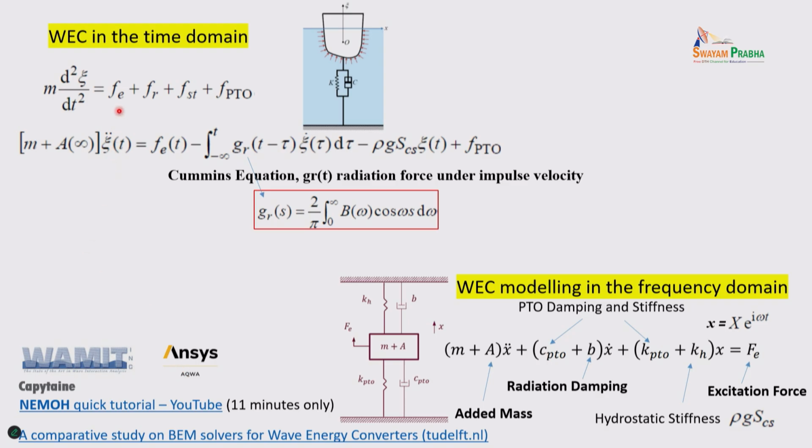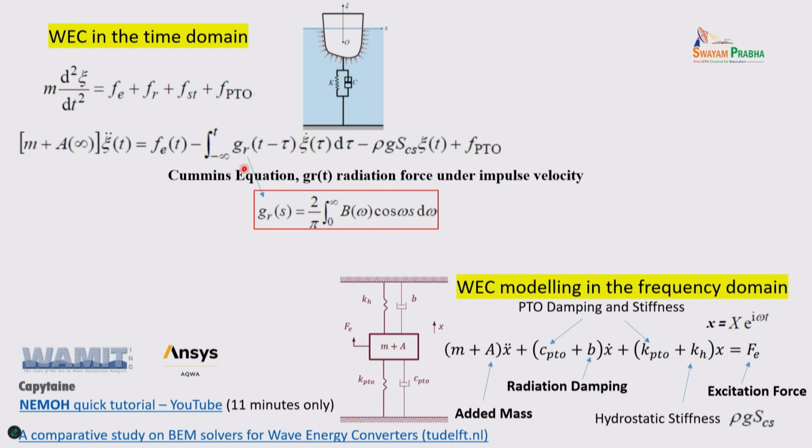In this time domain modeling, there are two types of version. Most of the literature assumes the force excitation. For the given force excitation, the radiation damping can be calculated using Cummins equation, in which the frequency dependent damping is used to calculate the impulse response.